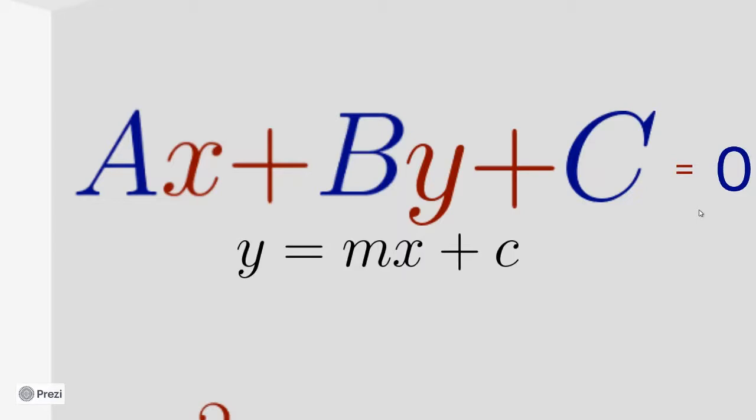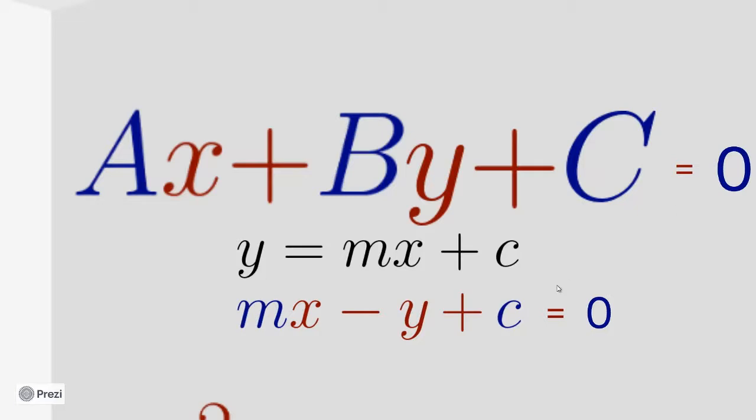For example, if I rearrange it, I will get mx minus y plus c is equal to 0, right? This is exactly what is written here. a is m, b is minus 1, and c is c itself, and then we have equal to 0. So do you see that it is the same equation, written in a different form.